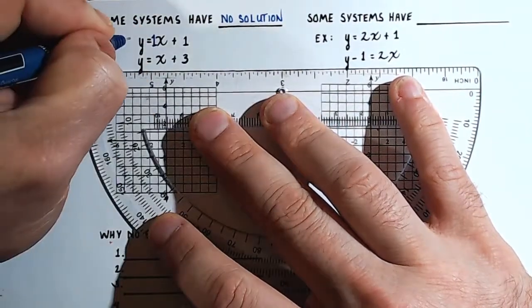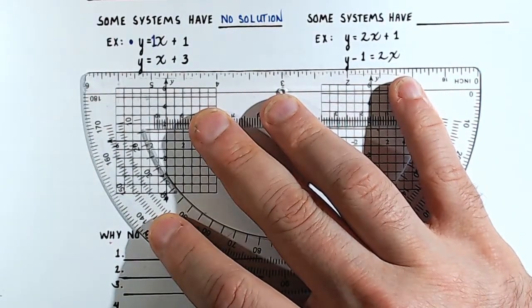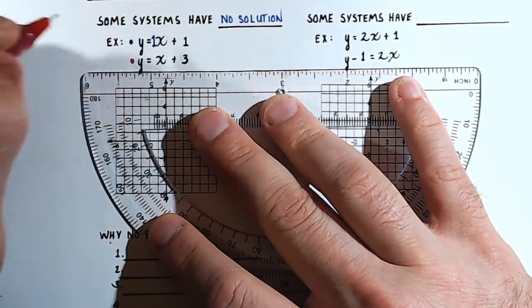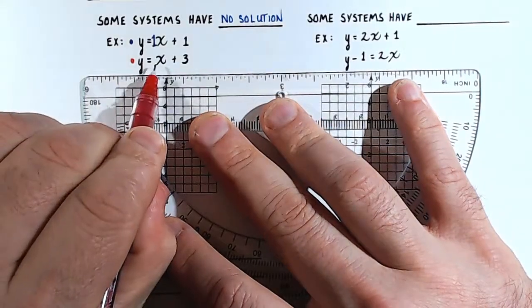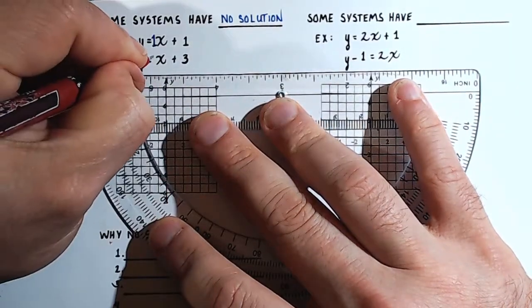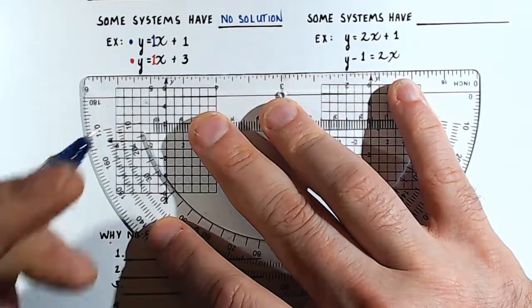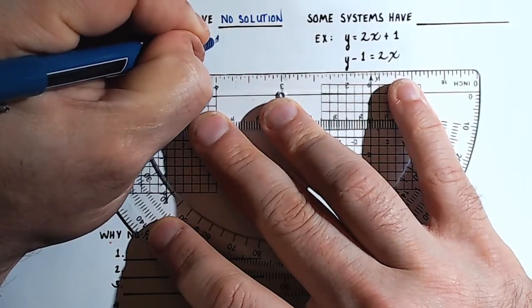And I'm going to call this my blue equation. And then down here, I'll put this one in red so you can keep it distinct in your mind. For my red equation, the m is also 1. Okay, so those slopes are the same. So for the first equation, m is 1.